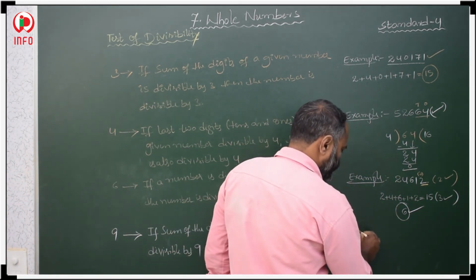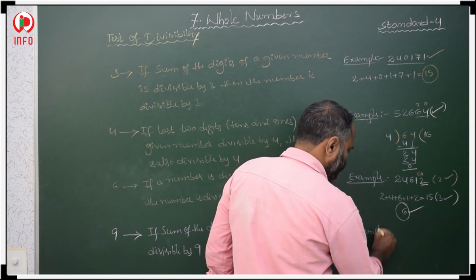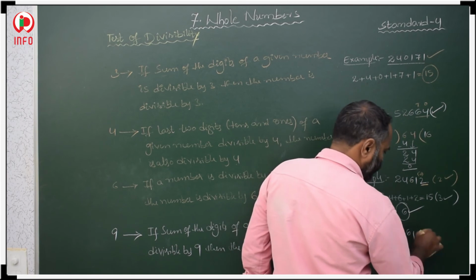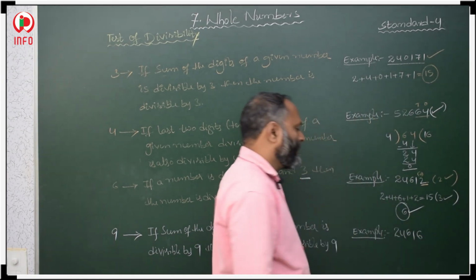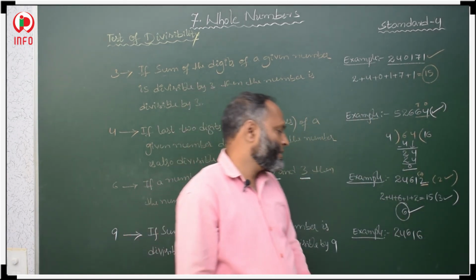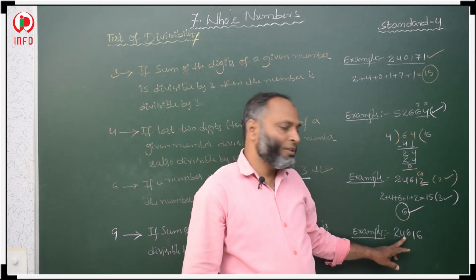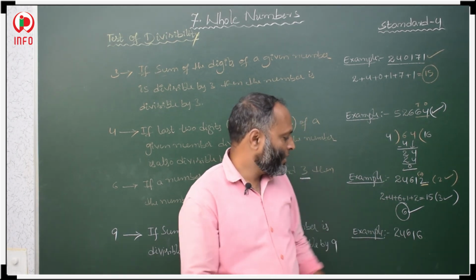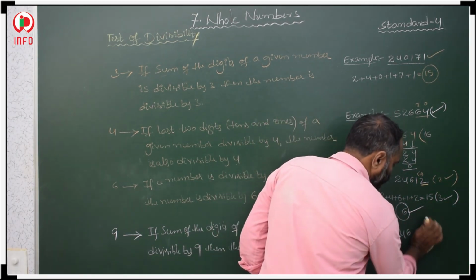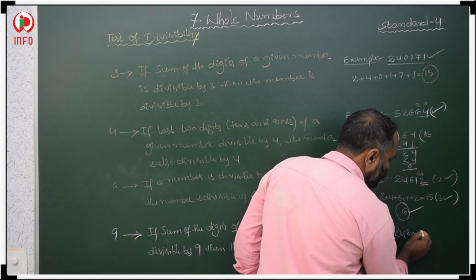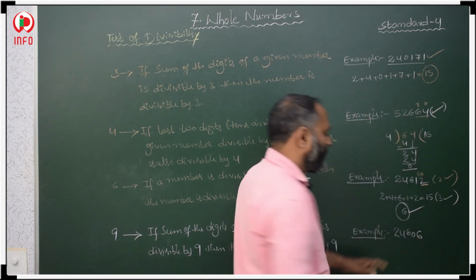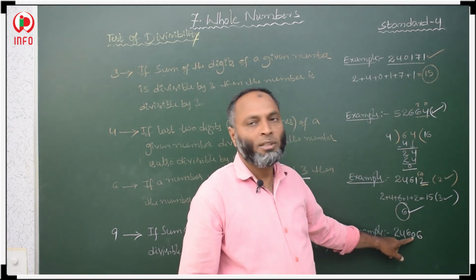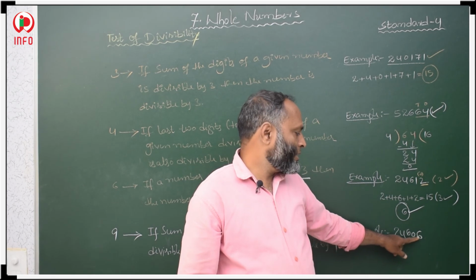Here is an example. 24,606. See here, 2 plus 4 is 6, 6 plus 0 is 6, 6 plus 6 is 12.